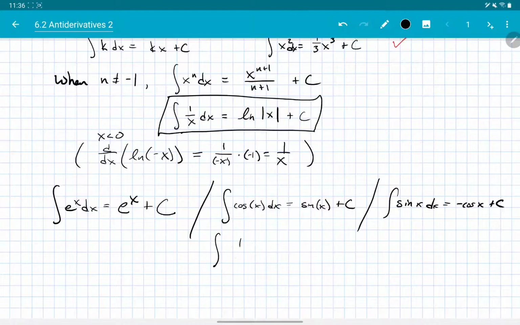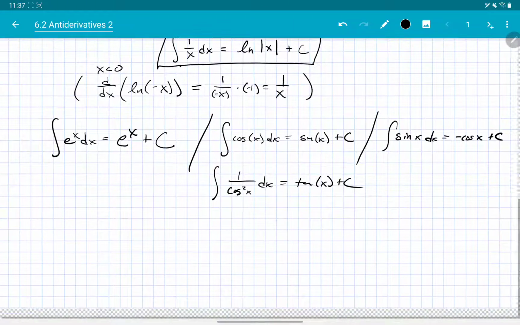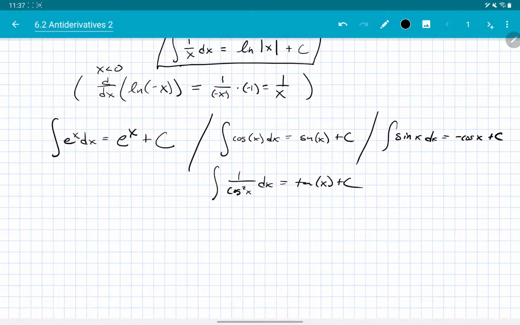And the indefinite integral of 1 over cosine squared x dx is tangent of x plus a constant. All right, now we can take these general rules and do slightly more complicated versions of this. So let's take a look at some more complicated ones.